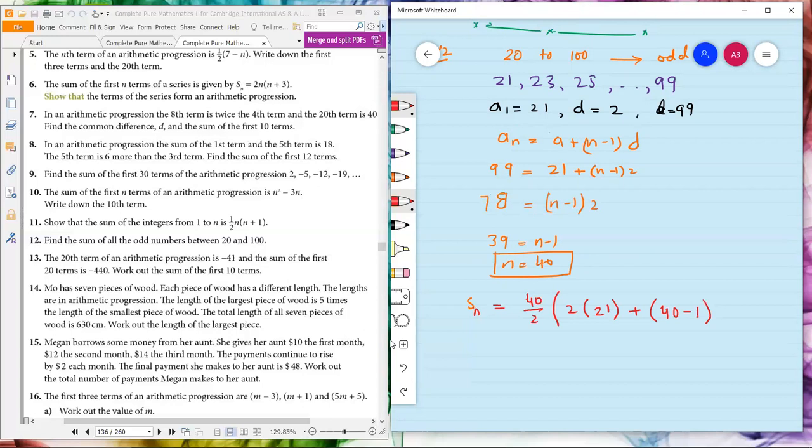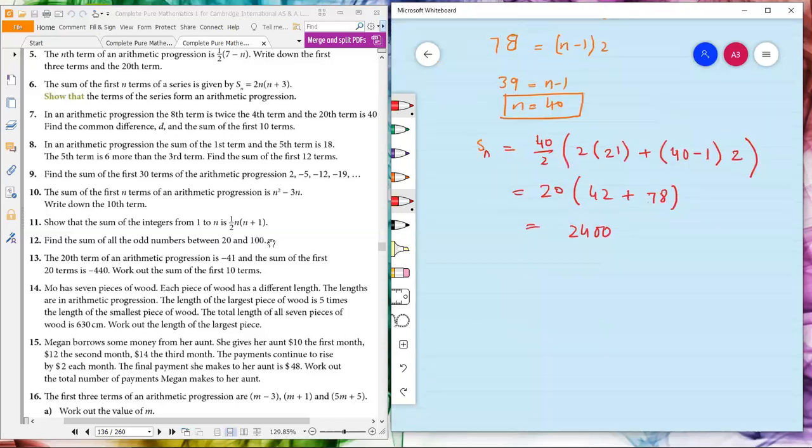So it would be 40 over 2 times 21 plus 99. This would become 20 times 120, which is 2400... the sum of all odd numbers between 20 and 100 is 400.